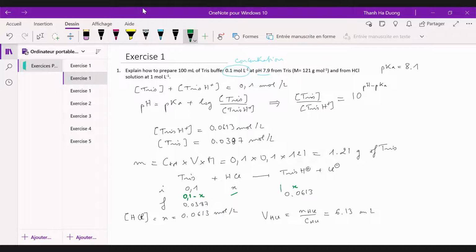So now we see that the X corresponds to the concentration we want for the tris H plus. So the X corresponds to 0.0613 mole per liter. Is that okay?